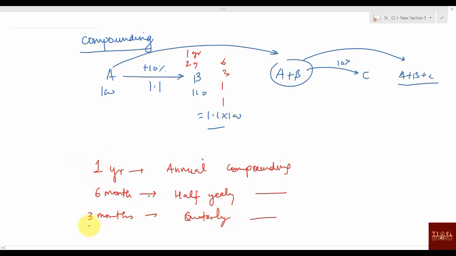Okay. Now, let's talk about, suppose rate of interest is 10%, and time is 2 years, and it is annually compounded.